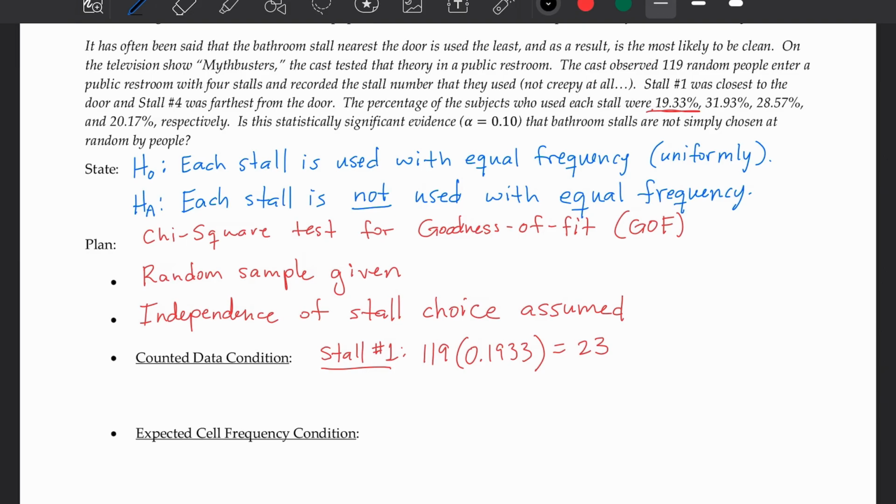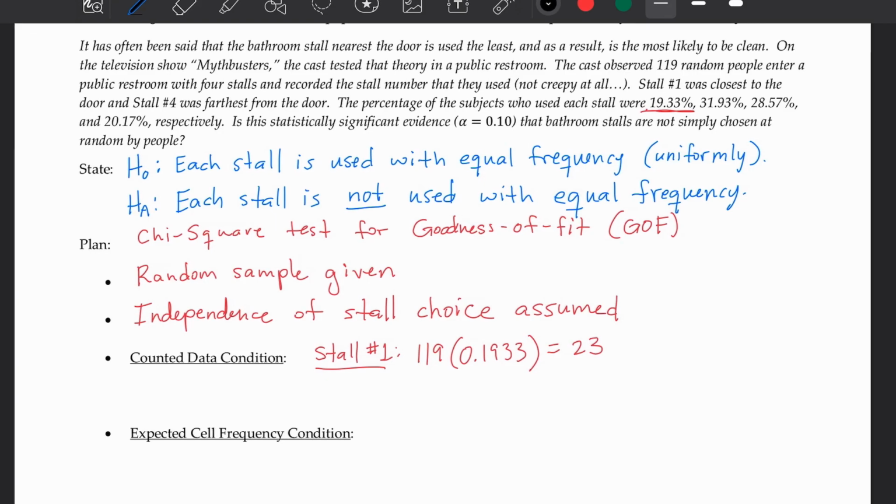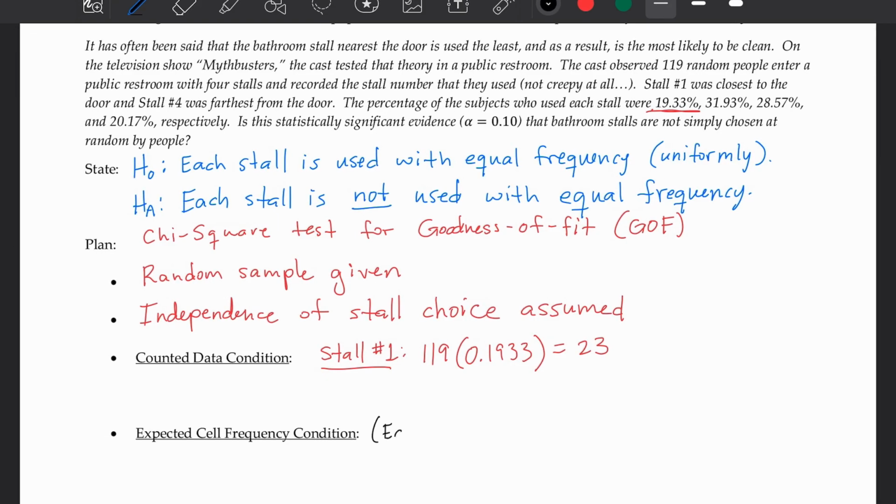If we were doing this through just simulations of like cards and stuff like that, we wouldn't need this, but since we're using a model, it's really important that we have a large enough sample size. So for this condition, what we need is each expected count to be greater than or equal to 5, okay?